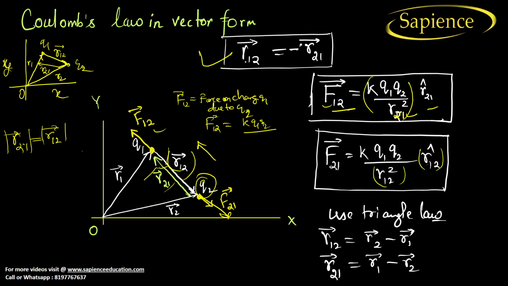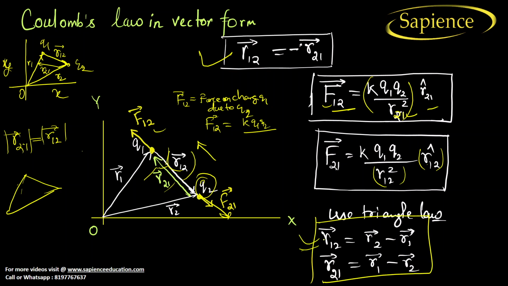You should always remember that the vector R12 is equal to the negative of the vector R21. Now you will ask how to find R12 and R21. You know the triangle law of vector addition. Use this, and you will get this distance.